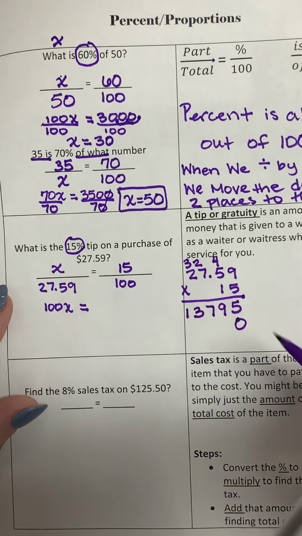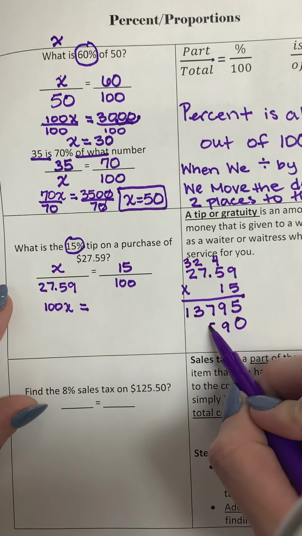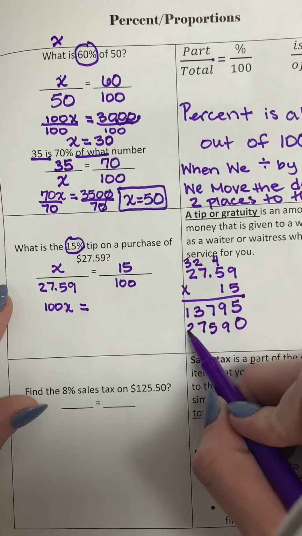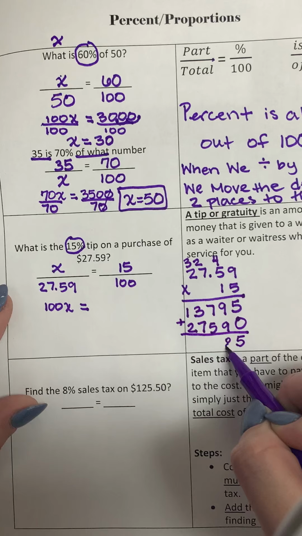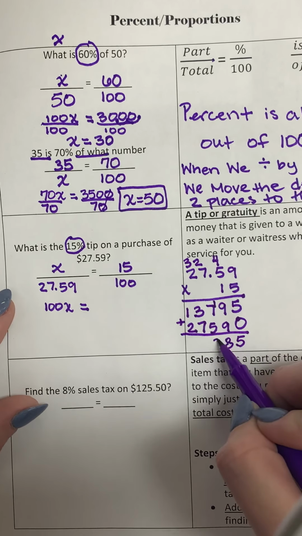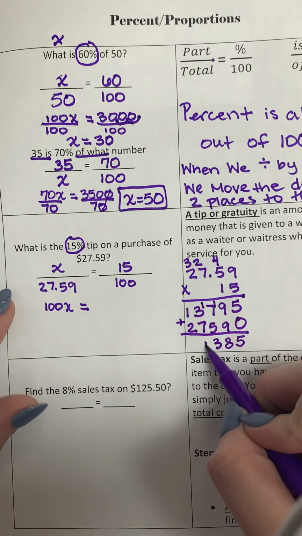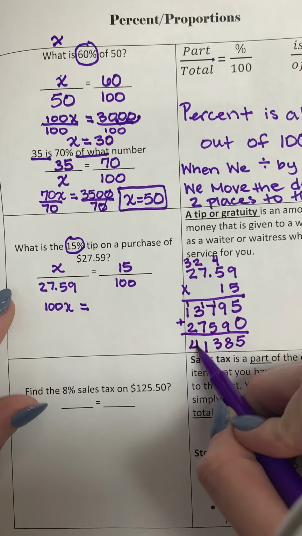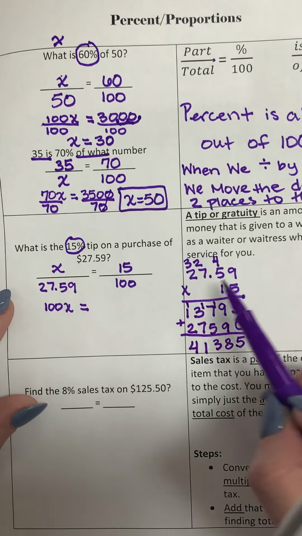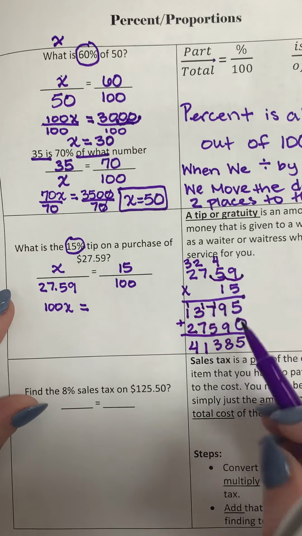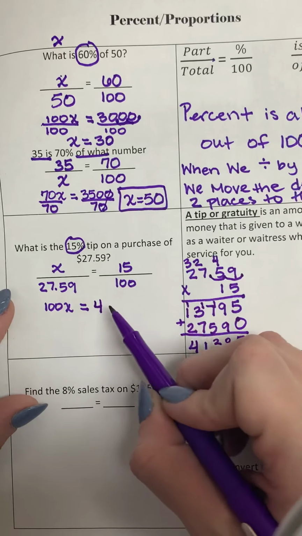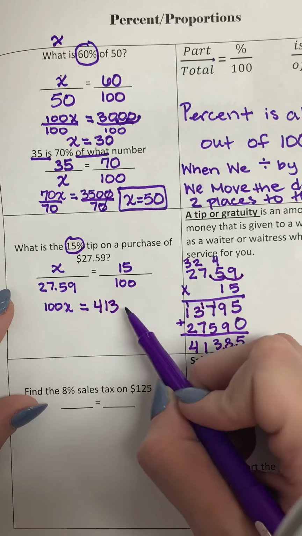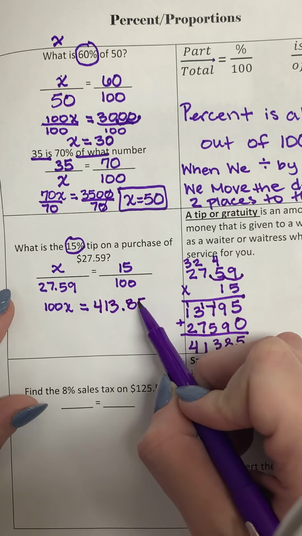Put your placeholder. And then I need to count how many decimal places I have. 1, 2. So I move it over 1, 2. So 413.85.